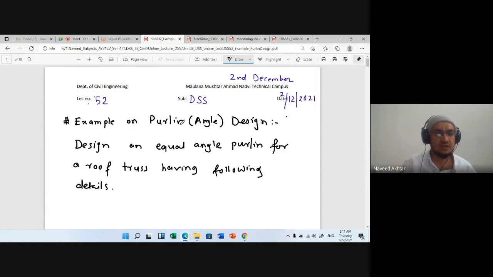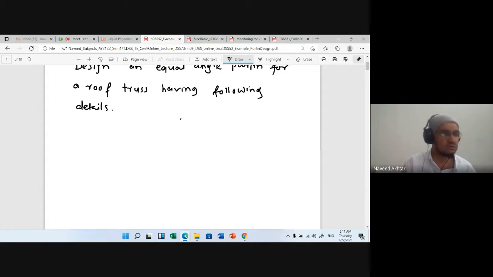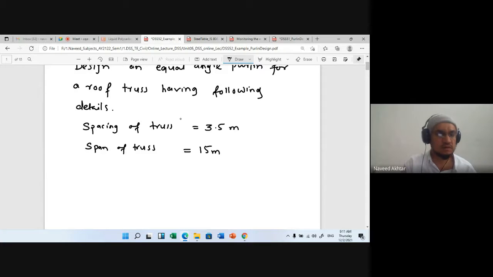Spacing of truss is equal to 3.5 meter. Span of truss is 15 meter, the length of the truss.